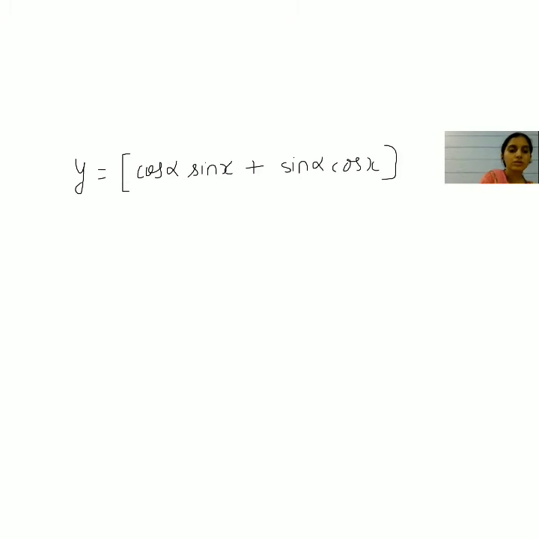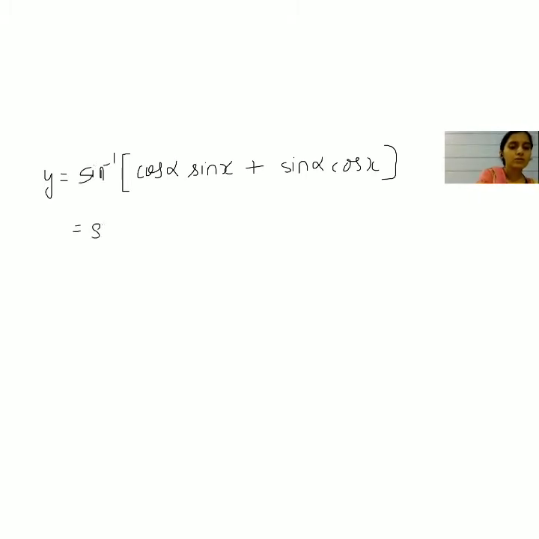Okay, sorry, there is an inverse function here. One second. y is equal to sin inverse, right?